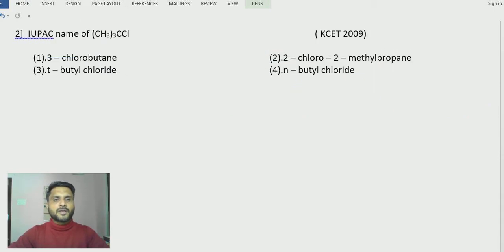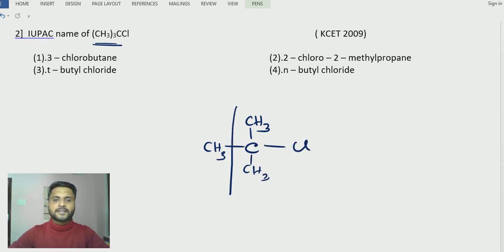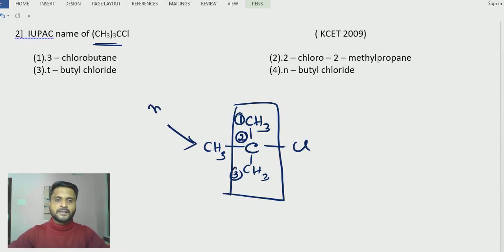What is the IUPAC name of the given compound? See here, the given carbon atom is attached to three more CH3 groups, and then the chlorine is attached. First select the longest chain of carbon atoms: carbon number 1, carbon number 2 and carbon number 3. This is a methyl substituent on the second carbon atom.